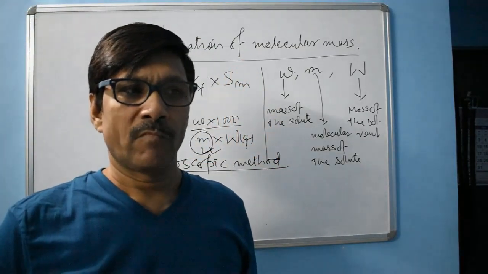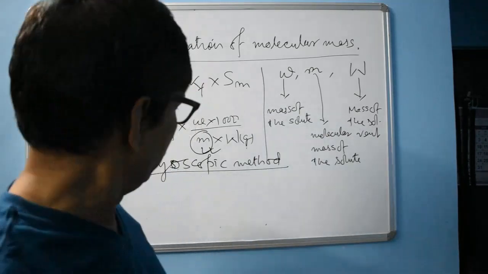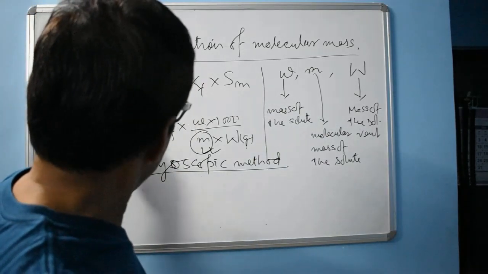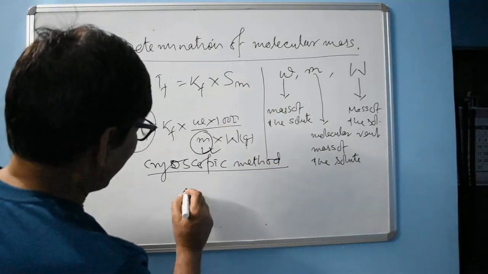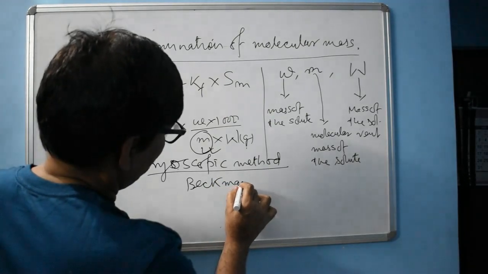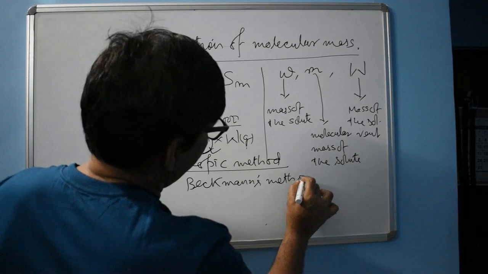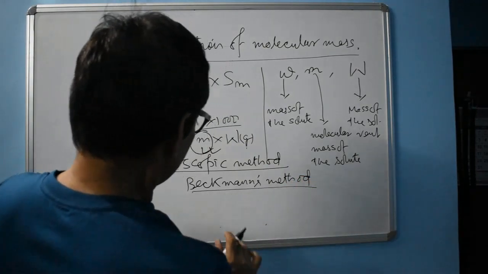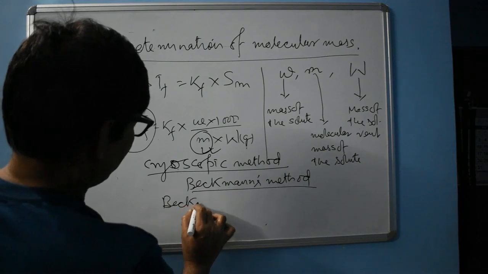In the previous class I had given you what is called Beckmann's thermometer. So this can be measured by Beckmann's thermometer. So the method is also called Beckmann's method. Okay, the thermometer is called Beckmann's thermometer.